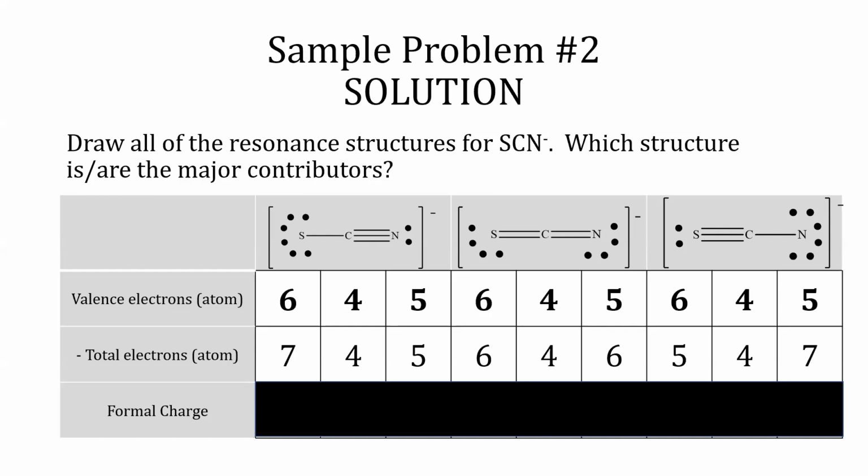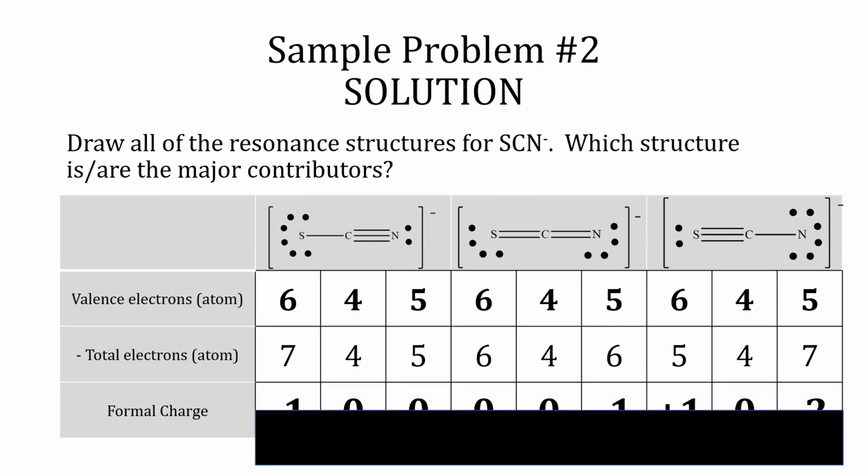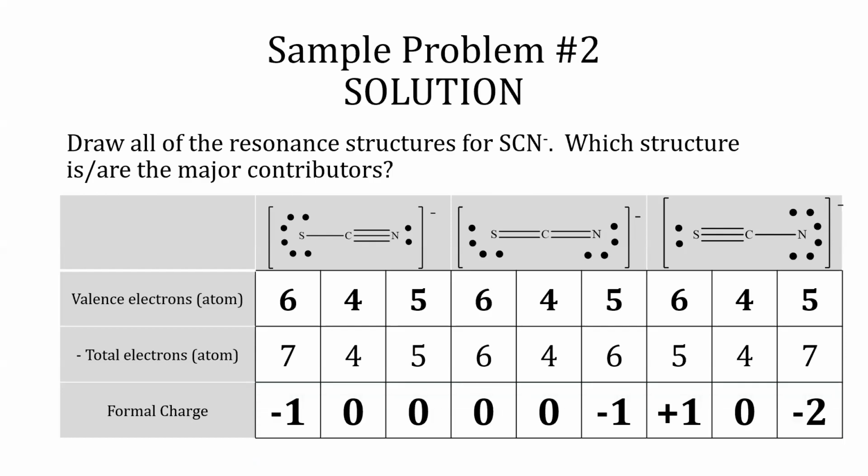The formal charges from S to C to N atoms per structure are as follows. Left structure is -1, 0, and 0. Middle structure is 0, 0, and -1. And right structure is +1, 0, and -2.